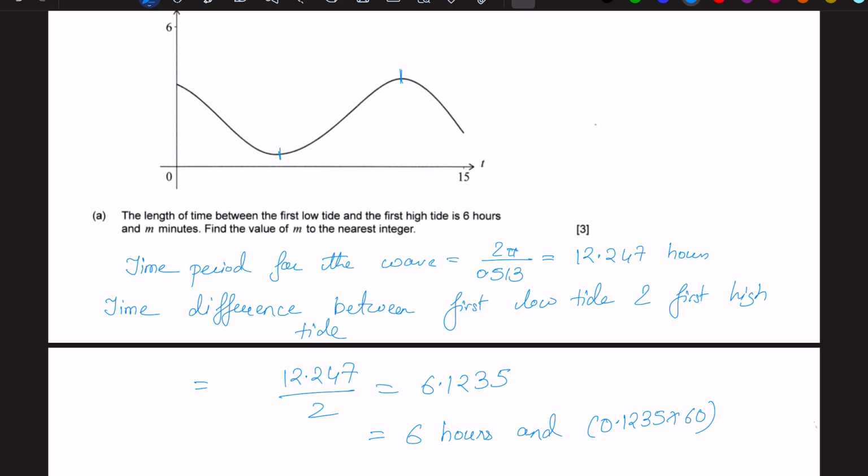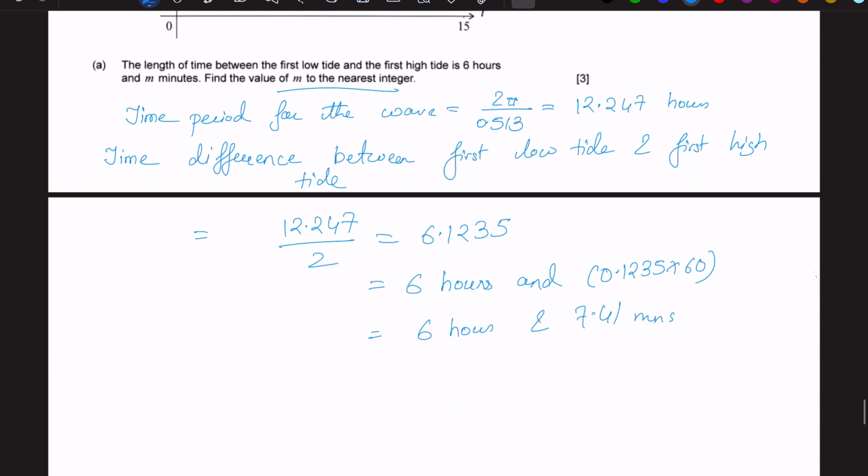So 0.1235 times 60 is 7.41. So 6 hours and 7.41 minutes. Now here we have to round m to the nearest integer. So the nearest integer is 7.